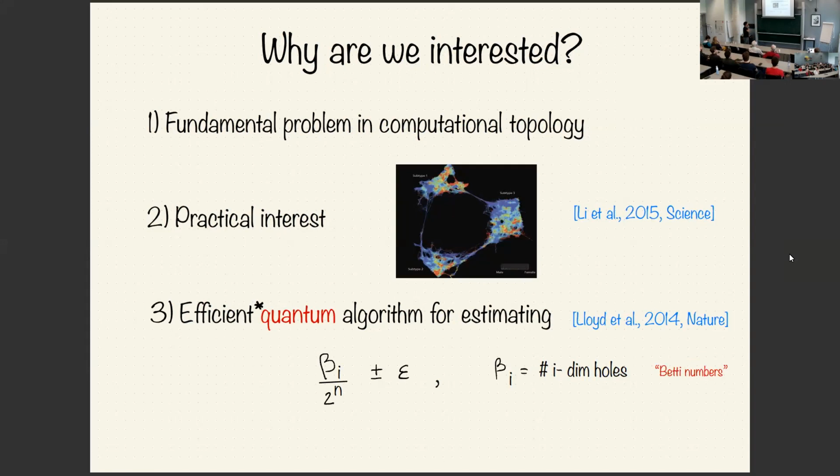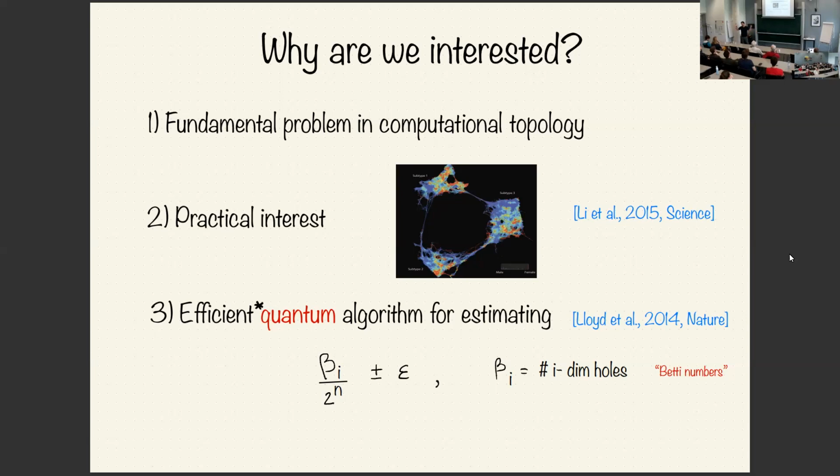Finally, the other reason is that there's an efficient quantum algorithm for estimating the number of holes. This is not the exact counting problem, because as we'll see, that's very hard. But if you want to approximately estimate the so-called Betti numbers, which is the number of holes, relative to the dimension of the spaces, this normalization factor is crucial, so you can do it efficiently, to additive approximation.